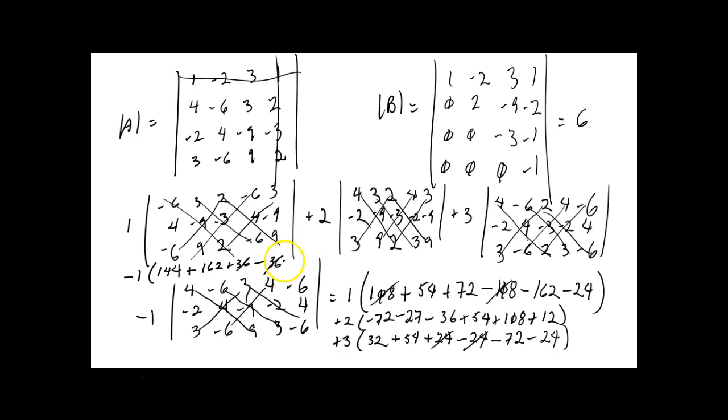And this is going to be another minus. And boy, 216? Okay. And then the next up diagonal is going to be a minus also. And that's going to be 54 times 2 is 108 again, isn't it? Is that right? All right.